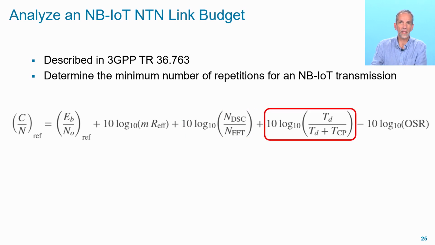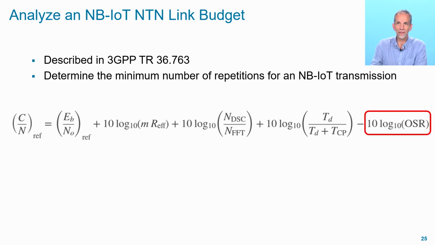You also account for the data time versus the time of payload data versus the cyclic prefix time, and then the oversampling factor of the system. So it turns out the math itself is very simple. The challenge is in figuring out which characterizations of the system you have to add or subtract from.